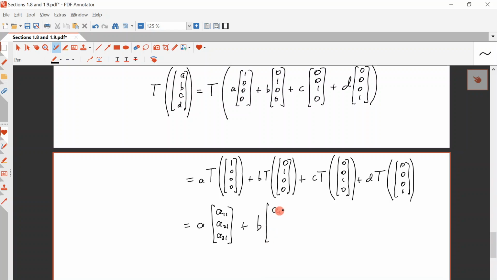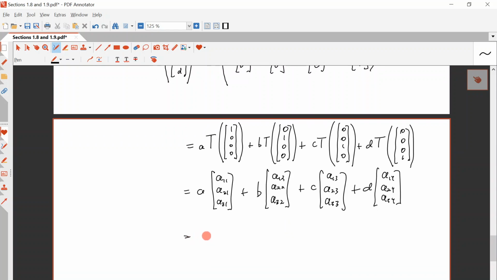It's a12, a22, a32. And this is also some vector in R3, so we'll just call it a13, a23, a33. And this one we'll just call a14, a24, a34. I don't know what those numbers are, but they're numbers.